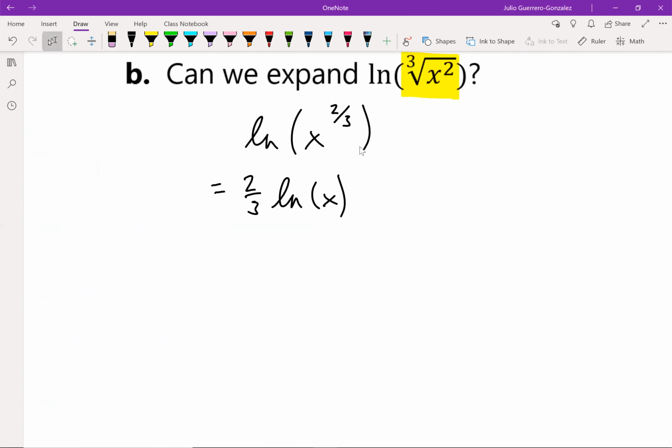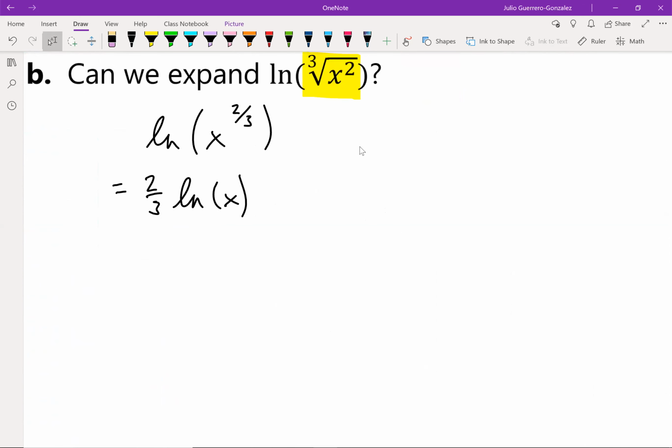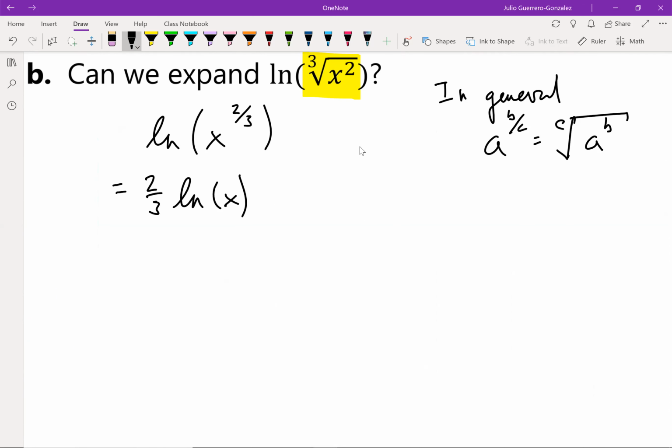So the rule there, in general: A to the B over C. If you have a fractional exponent, that's the Cth root of A to the B. So all I did for this one is grab this equation right here and go in the opposite direction.